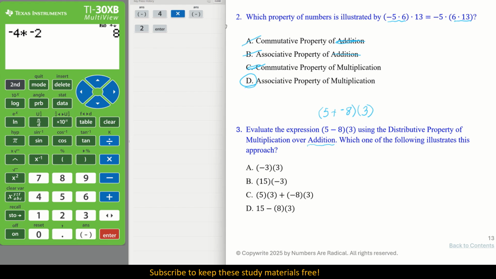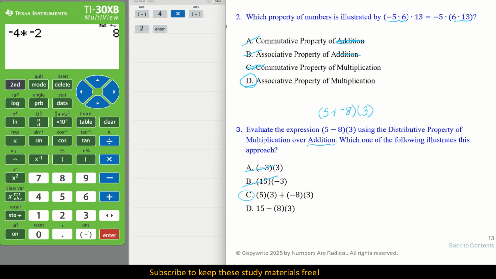Which one of the following illustrates this approach? Now think about what I just wrote. First, A can't be it. I would completely disagree with B also. That doesn't even make sense. Now let's look at C and D. Well, if you look at the way I wrote it above, to rewrite it to explain it, that is suspiciously like what you have on C. Now D, I'm not going to disagree with it.